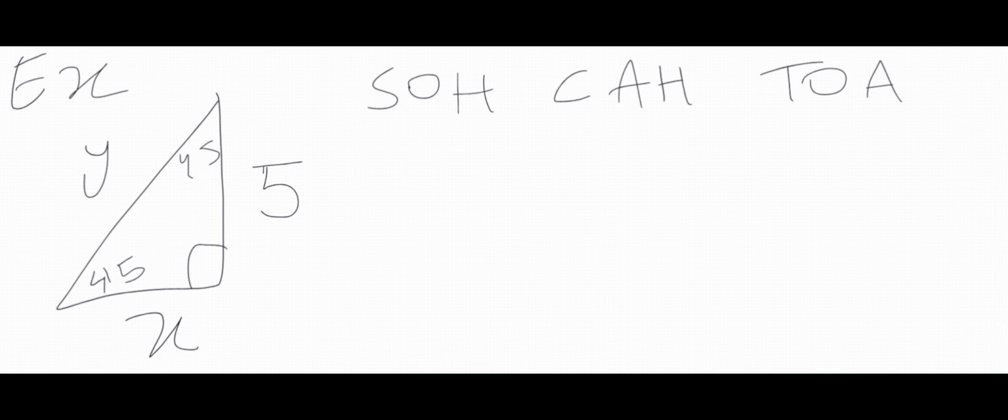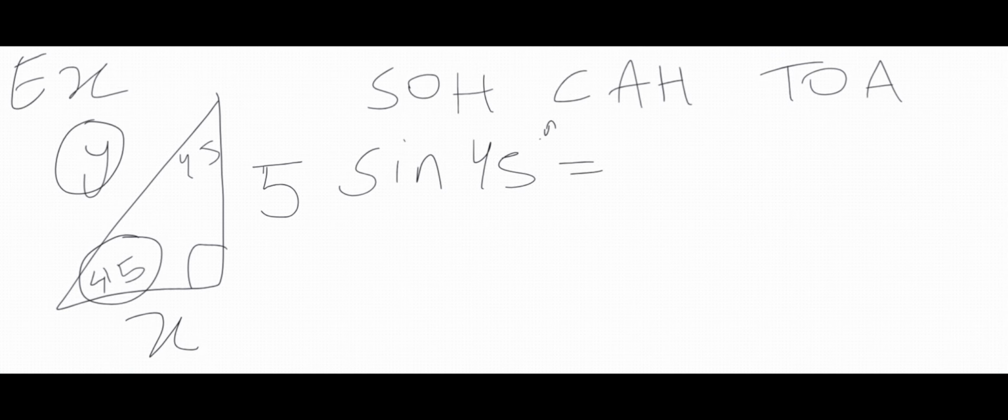First of all, we could start by finding the y value, which is here. With sine, we could use this 45 degree angle here, so sine of 45 degrees equals opposite over hypotenuse. Opposite in this case is 5 divided by our hypotenuse, which is y.